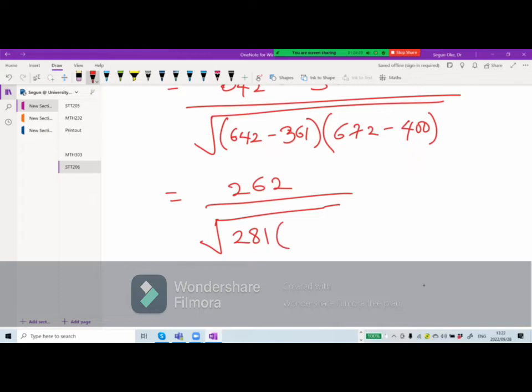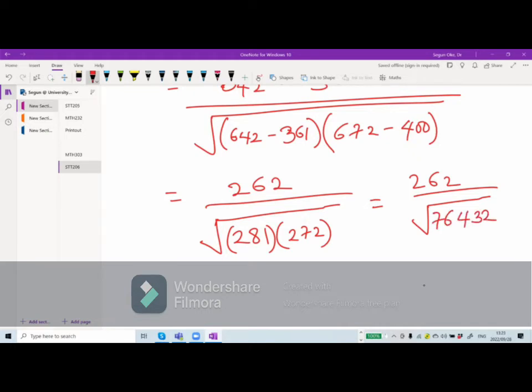281 multiplied by 272. So 262 divided by the square root of 281 multiplied by 272, which is 76,432. So now find the square root of this.